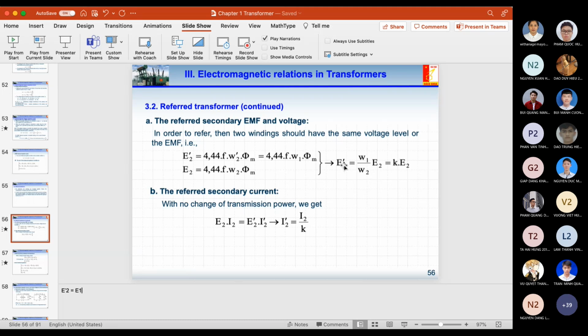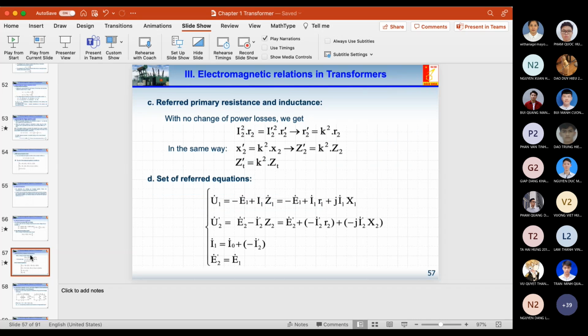And for this one we call the reference electromotive force from the secondary winding to the primary winding. Now we are talking about the reference primary resistance and inductance. For doing that we can imagine that with no change of power loss, the term before doing conversion must be equal to the term after doing conversion.